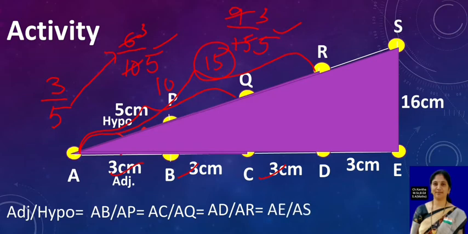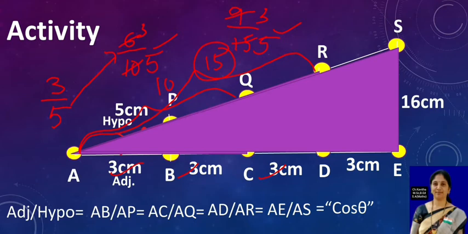So that means the adjacent by hypotenuse ratio in these particular similar triangles, where one of the angles is a right angle and angle A is fixed, angle A here we are considering as theta, this ratio is same and this ratio is called the cosine theta. In general, we write cos theta, cosine theta.